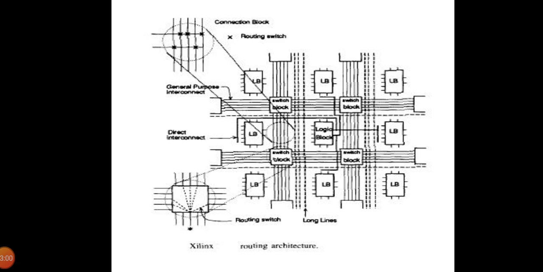The long lines run across the entire chip, and it is possible to form internal buses using long lines and 3-state buffers that are next to each CLB. The direct connections bypass the switch matrices and directly connect adjacent CLBs. The programmable interconnect points, that is PIPs, or programmable pass transistors, connect the CLB inputs and outputs to the routing network.